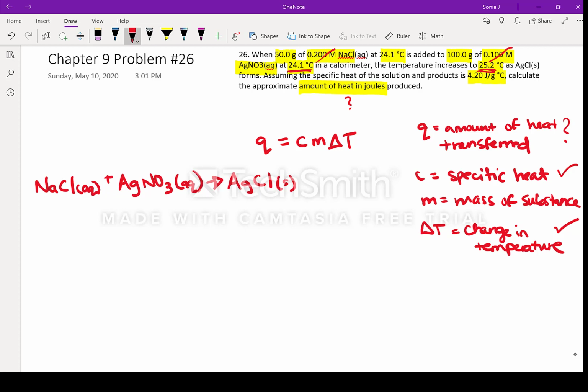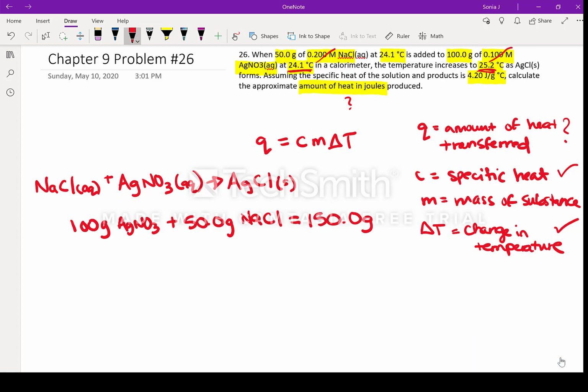That would mean 100 grams of the silver nitrate plus 50 grams of the sodium chloride, which would equal 150 grams.